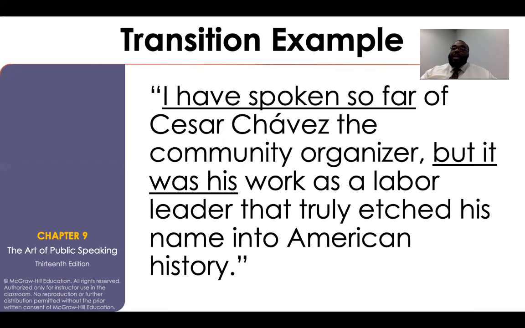So this is not stated explicitly as, now that I've talked about him as a community organizer, I am now going to discuss his work as a labor leader. But it is definitely understood that the next main point is going to be that Chavez was a labor leader.